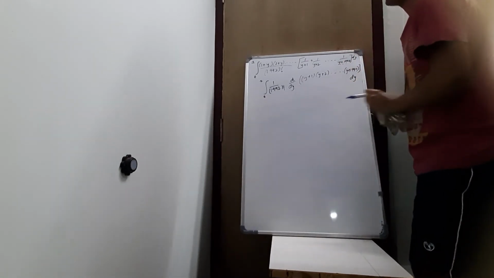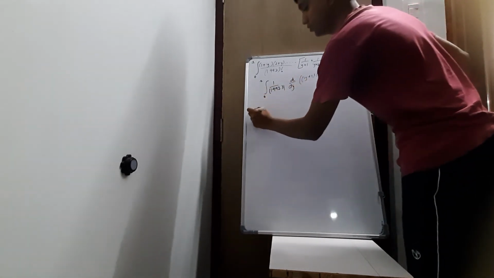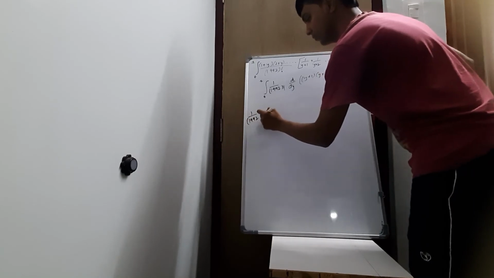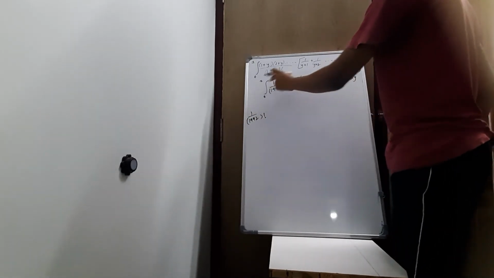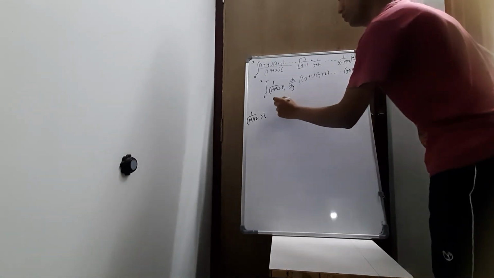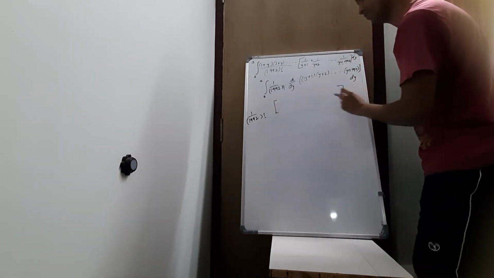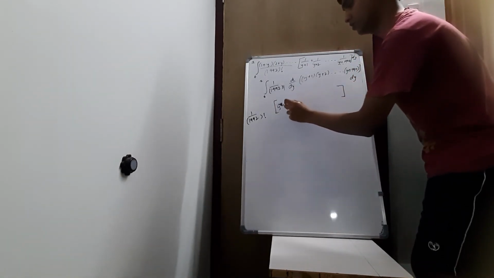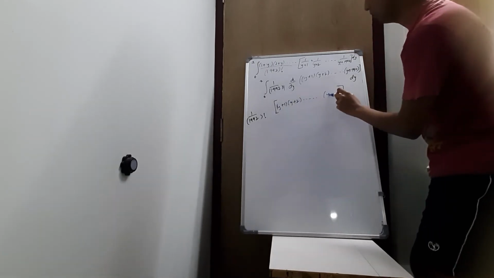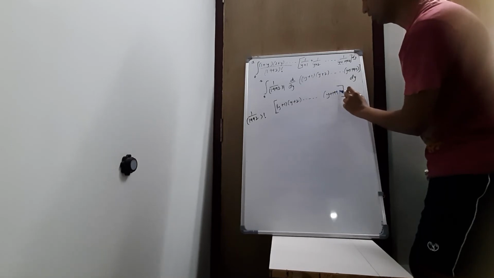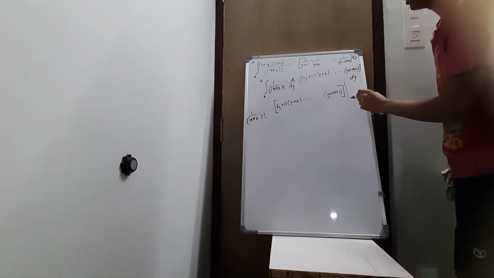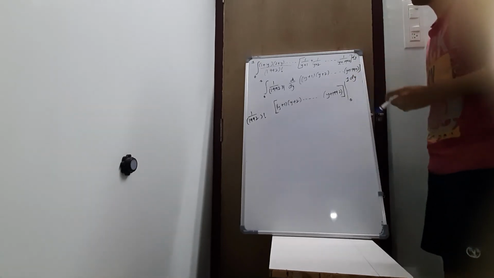Now, as this is a constant, we can take it out, 1/1992 factorial, and this integral and this d/dy will cancel out to give (y+1)(y+2), and so on, up to (y+1992). We have to apply the limits from 0 to 1.